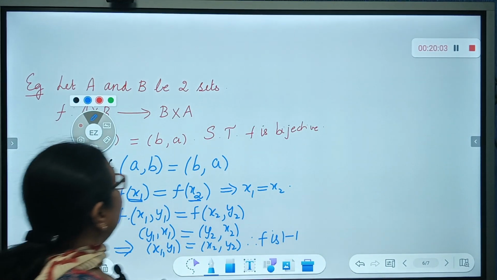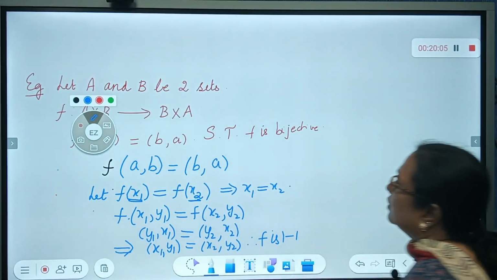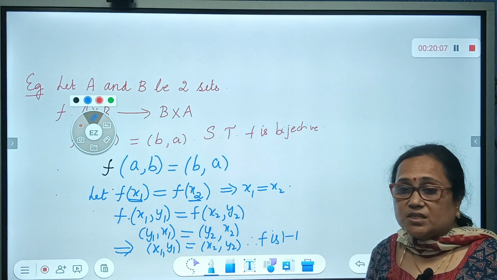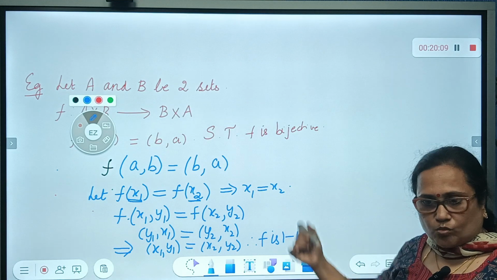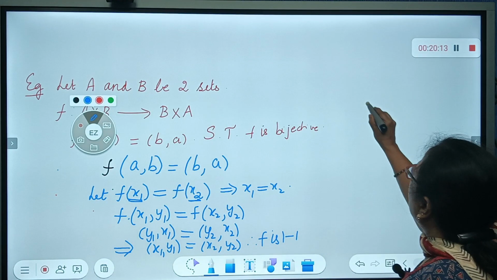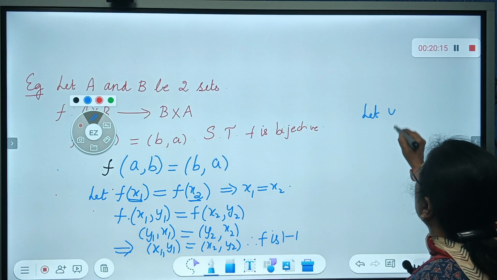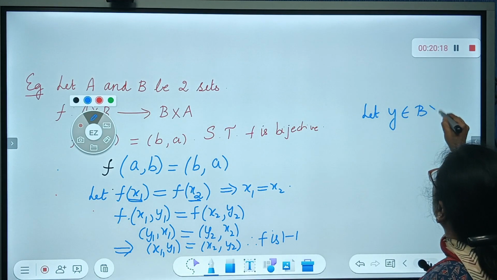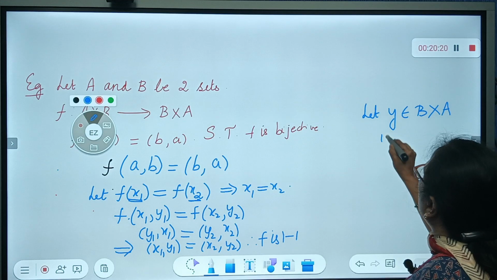Now, what is the next question we have to ask? We have proved that it is injective, it is 1 to 1. Is it surjective? Is f onto? So let me take an element y in B cross A. What will be the form of y?